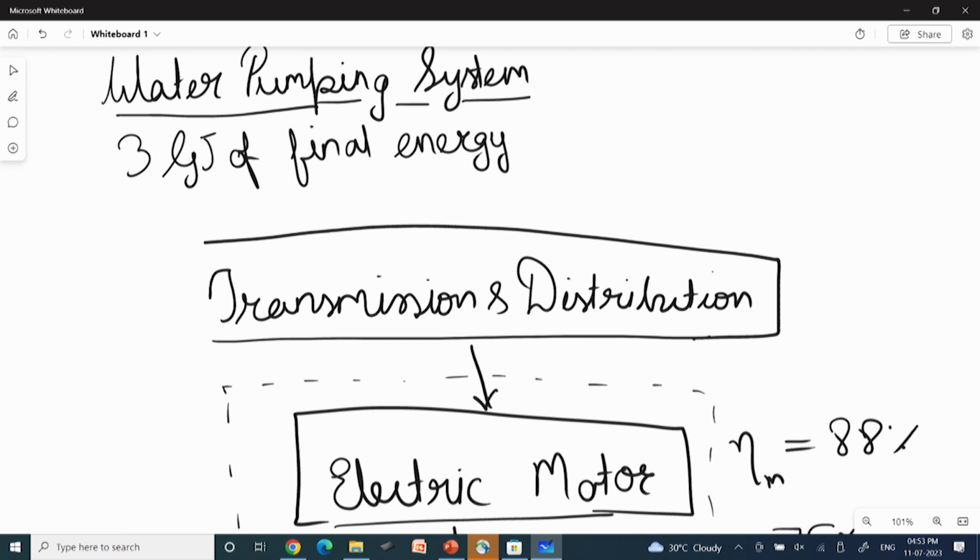And if we consider a country like India, the transmission and distribution losses could be huge. The typical efficiency of transmission and distribution, eta transmission distribution, for India would be around 78%.